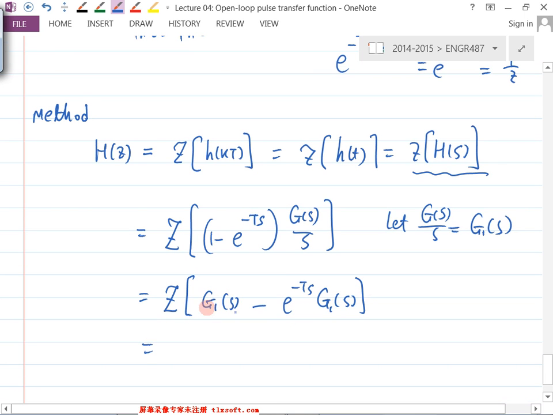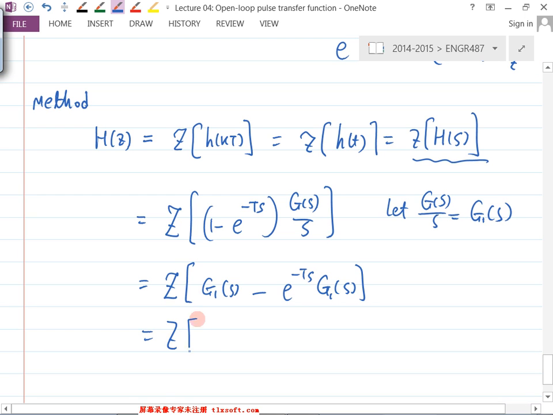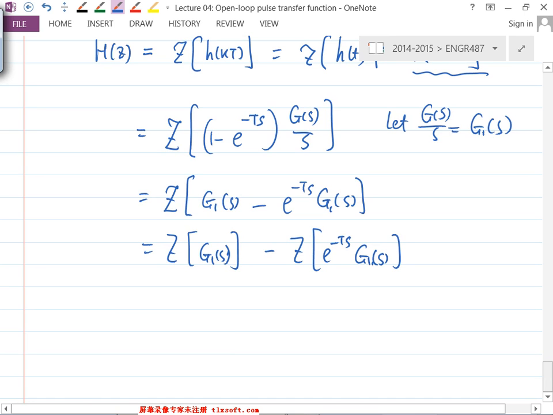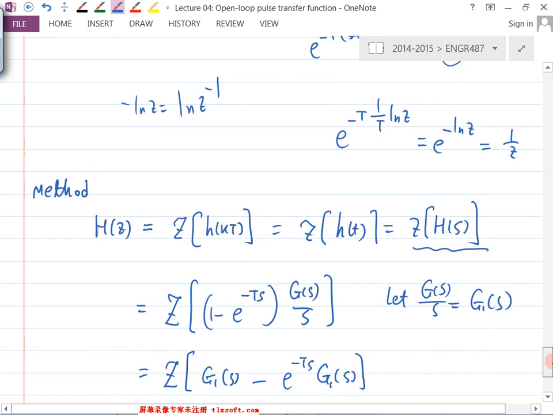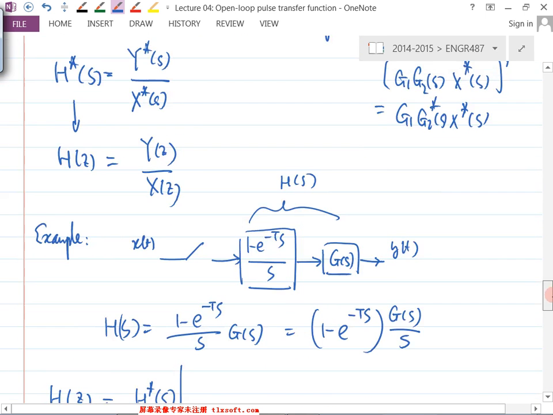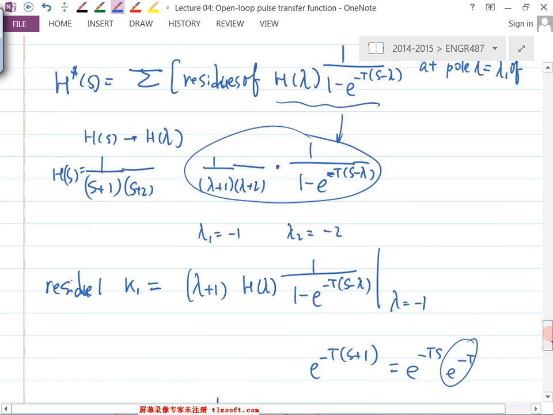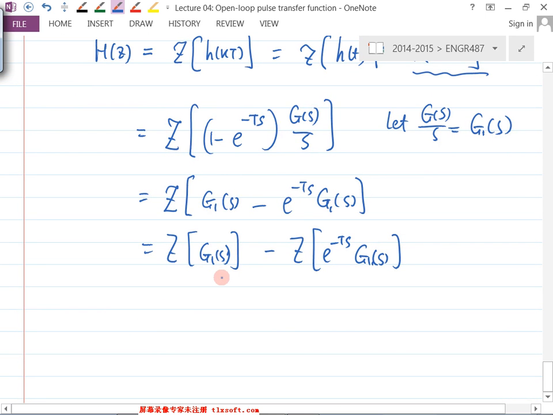So the two terms here means you have 2 z forms here. The first one, we don't have exactly the expression given for this g of s. But if we do, we can simplify that to look at the table here.